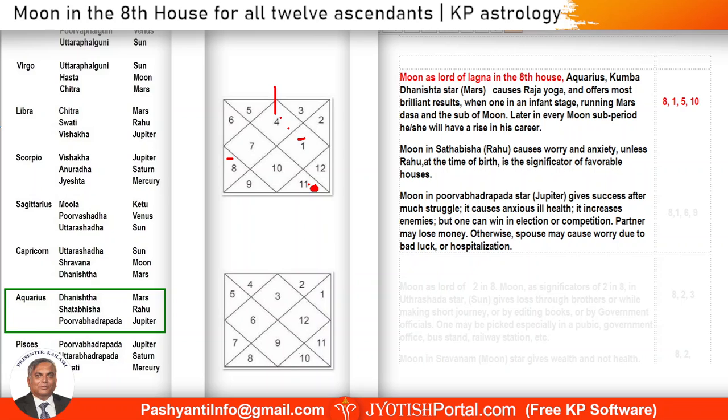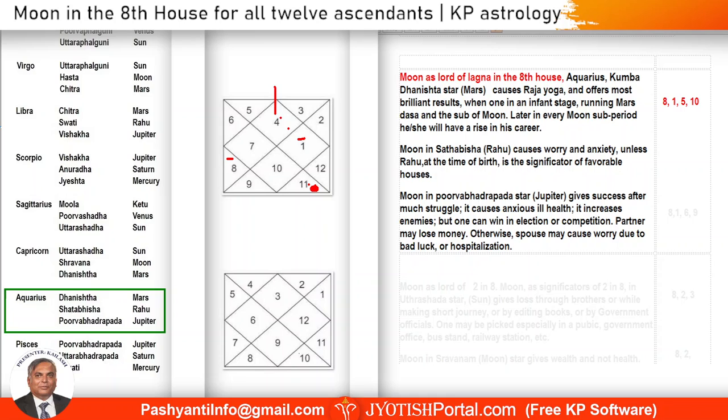Right? So now Sri KSK says that this is going to cause Raj Yoga. You see, Mars is already a Yogakaraka for the Cancer ascendant. But here the moon has become a Yogakaraka by being deposited in the star of Mars. So what KSK says is that when this kind of signification is there, this 1 and 10 signification is a very positive signification in the Krishnamurti Paddhati.